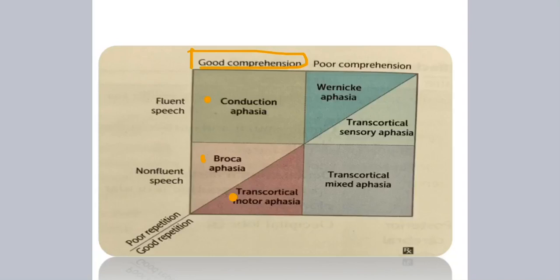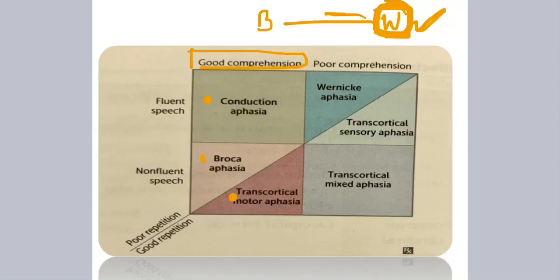and the conduction aphasia will also have good comprehension, because in conduction aphasia, Wernicke's area is functioning normally. From Wernicke's area it goes to Broca's area. So from this point onward there is a lesion, and before this area, this Wernicke's, it is for comprehension. So comprehension is fine.